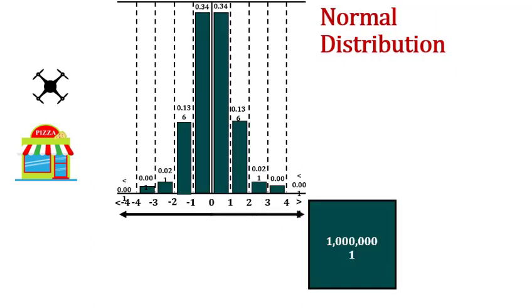Okay, the most popular distribution among psychological researchers is the normal distribution. Not only psychological researchers, researchers in every area use the normal distribution a lot.